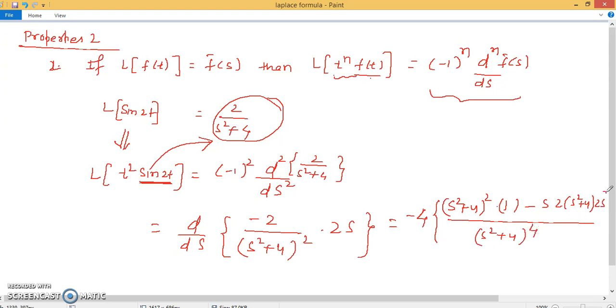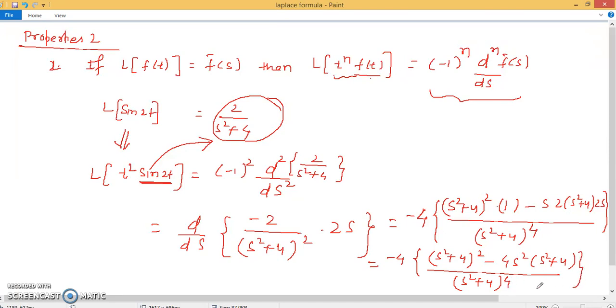So we can write minus 4 s square plus 4 whole square minus 4 s square into s square plus 4, by s square plus 4 to the power of 4. This is your Laplace transform of t square sine of 2t. If you want to further simplify, you can simplify it, otherwise you can stop there.